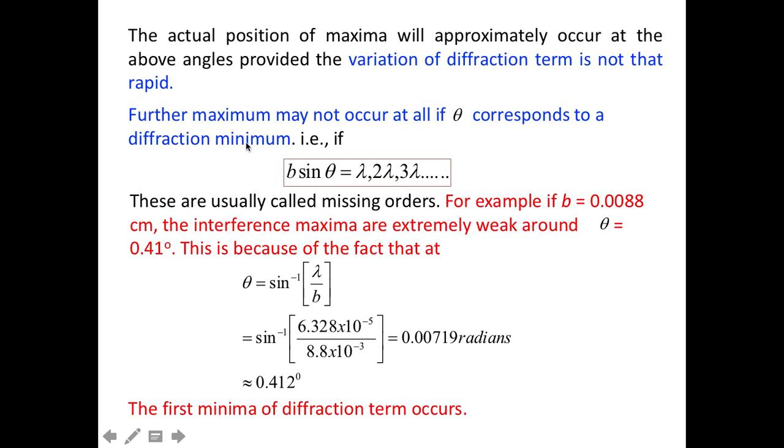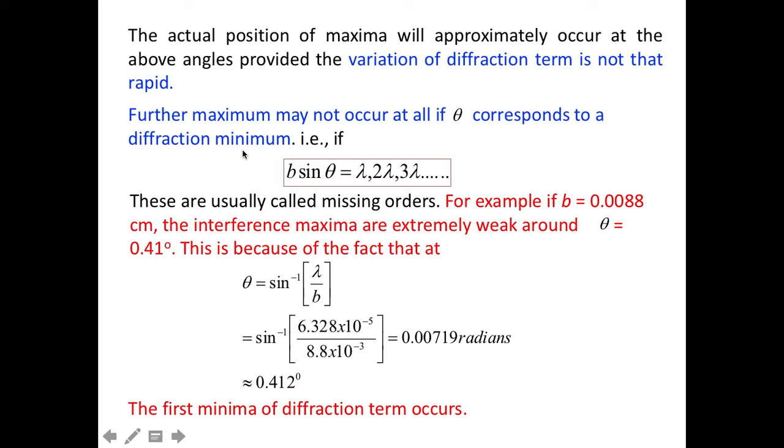Again, you know the diffraction minimum condition is m lambda, and this is related to b sine theta. You have to remember that for diffraction it's a single slit, the slit width is b, and the path difference b sine theta is equal to m lambda for the diffraction minimum.